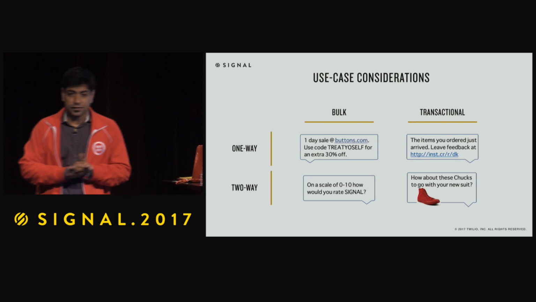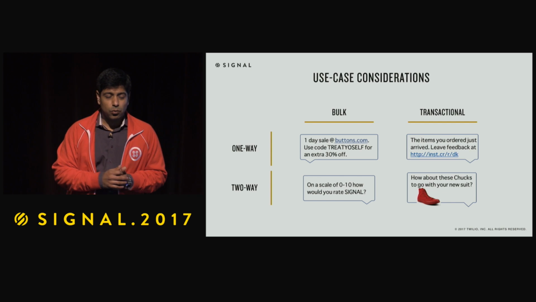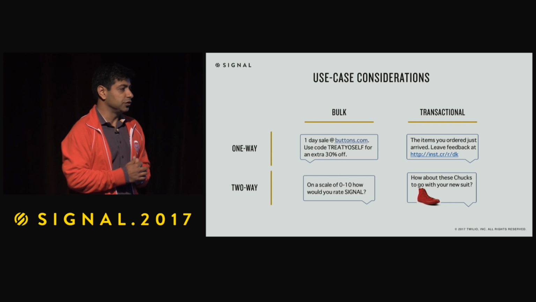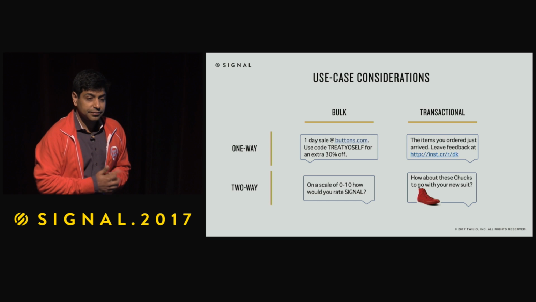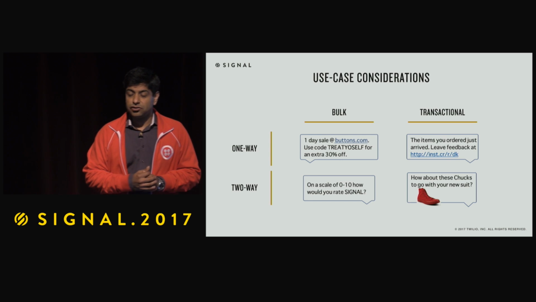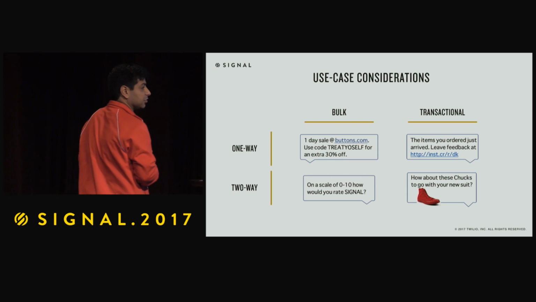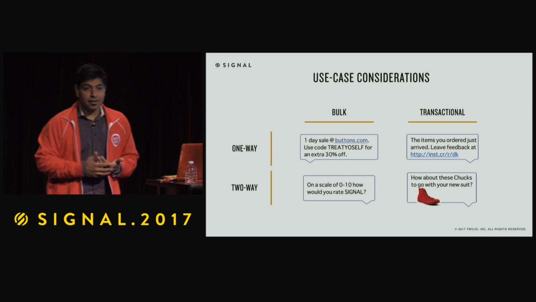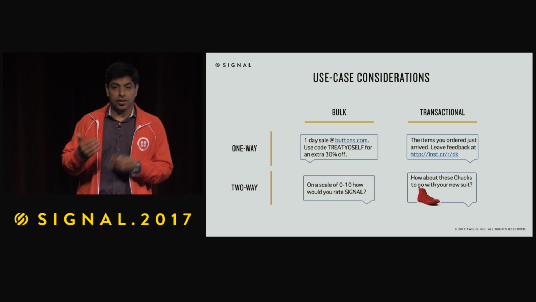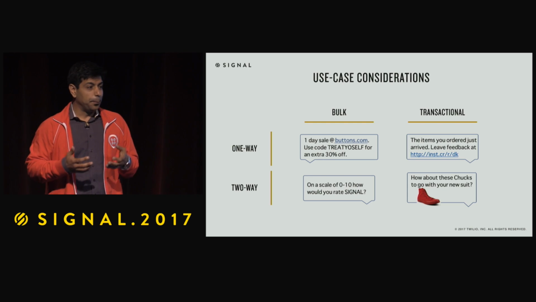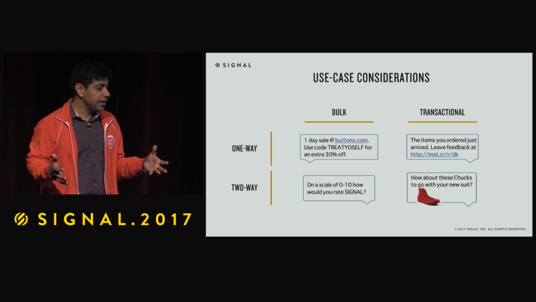The first thing you have to do is think about what kind of messaging you want to do for your given use case. Is it a one-way messaging thing, or are you expecting replies and it's a two-way messaging thing? Then, once you figure that out, the next question you have to ask yourself is, is this a bulk messaging thing?